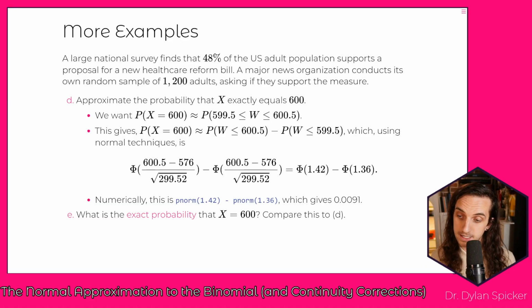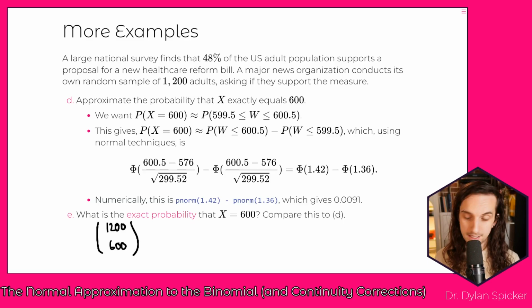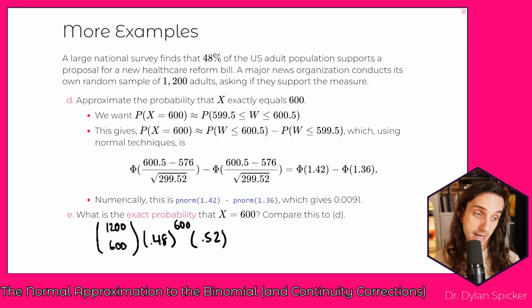Now, what is the exact probability that x is equal to 600? Because we just want one probability here, we can actually work this out. That's going to be n, which is 1200, choose x, which is 600, times p, which is 0.48, to the power of 600, times 1 minus p, so that's 0.52, to the power of 1200 minus 600, so that's also to the power of 600.